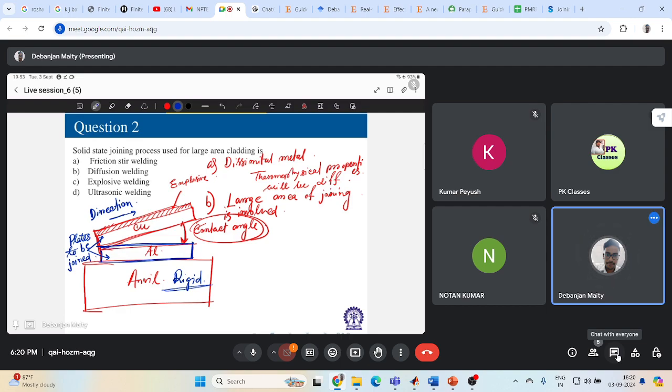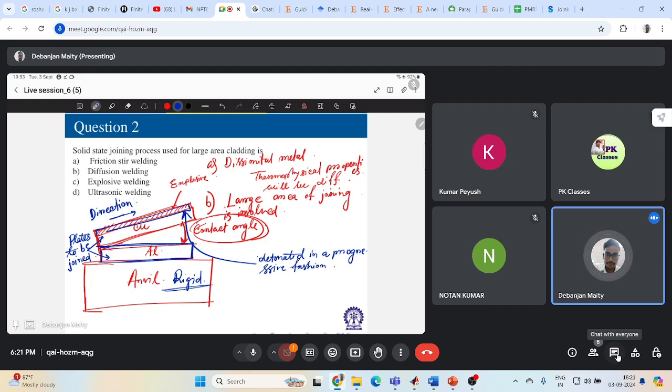Now, the explosive material is usually kept in the form of a sheet, which will be placed on top of the two layers of metal, and that is detonated in a progressive fashion. So this explosive is detonated in a progressive fashion.